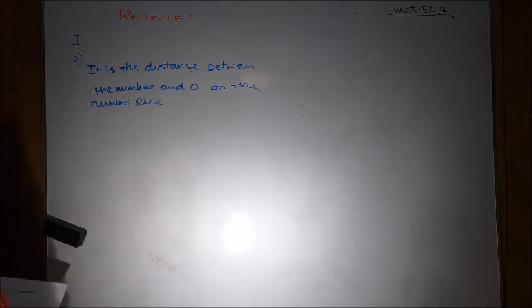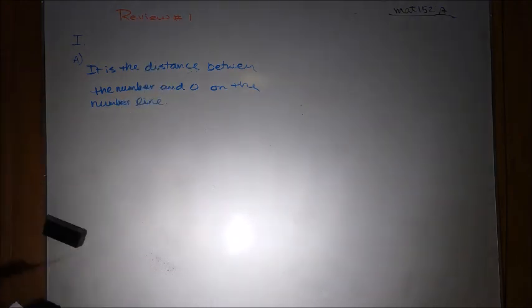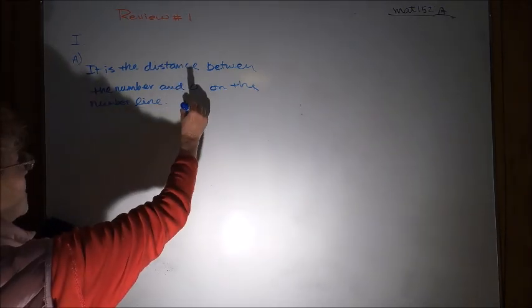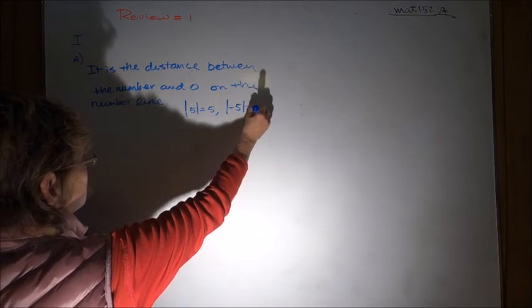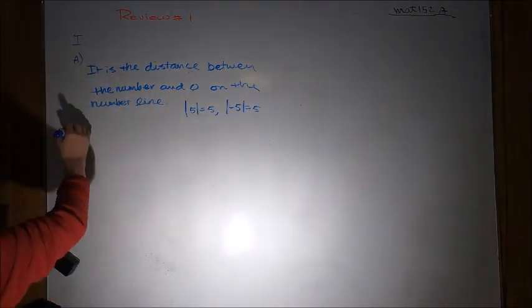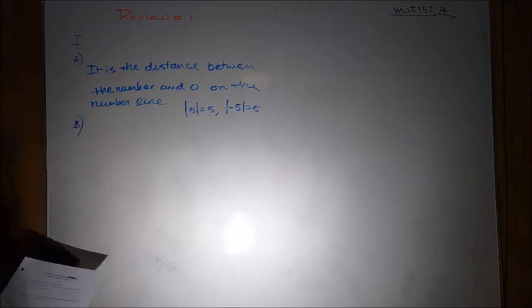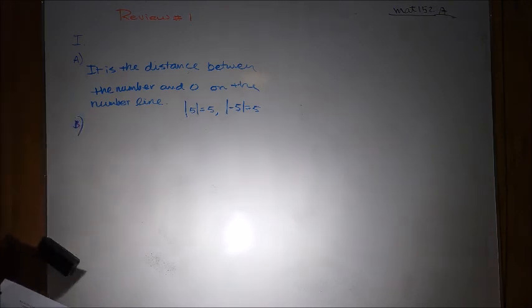That's how we define the absolute value. Then we ask, what's the absolute value of 5? That would be 5. The absolute value of -5 will still be 5. We need to just think about those questions. When you actually do it, you need to remember the meaning of all those things, right?